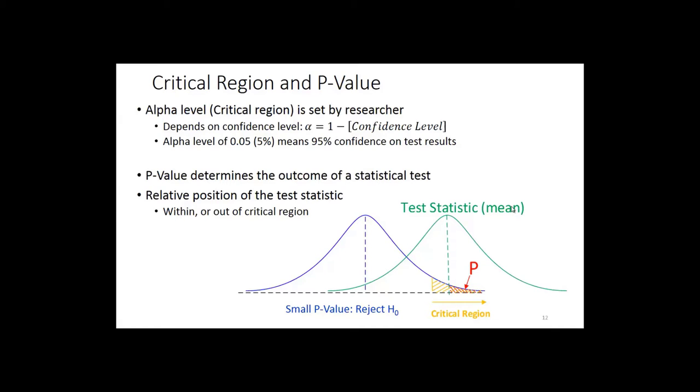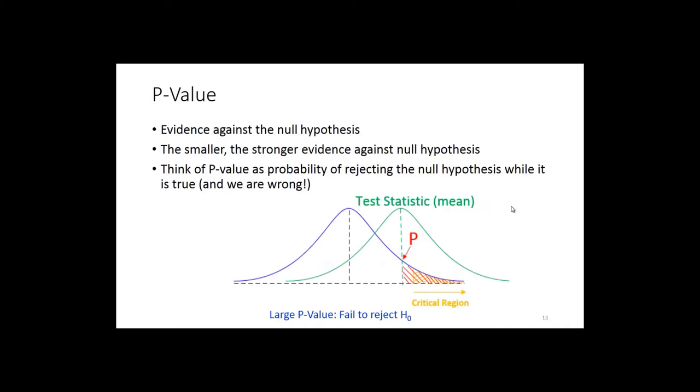So the smaller the p-value, the more significant the results. A very small p-value means the mean of the sample is too far away from the mean of the base or the traditional class. So the smaller the p-value, the better, the stronger the support for rejecting the null hypothesis. The p-value is our evidence against the null hypothesis.